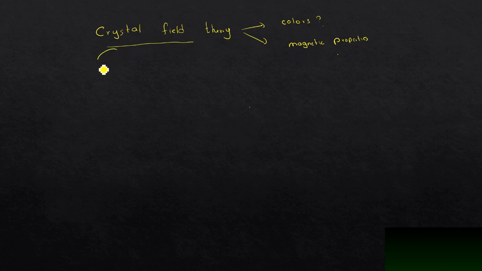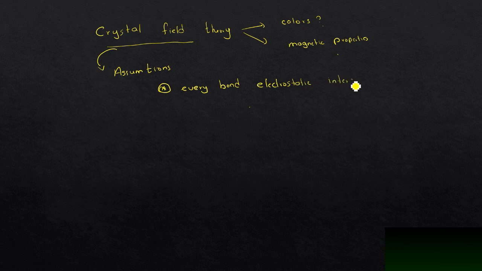Like most theories, crystal field theory has assumptions. The first and most important assumption is that every interaction, every bond, is considered an electrostatic interaction.